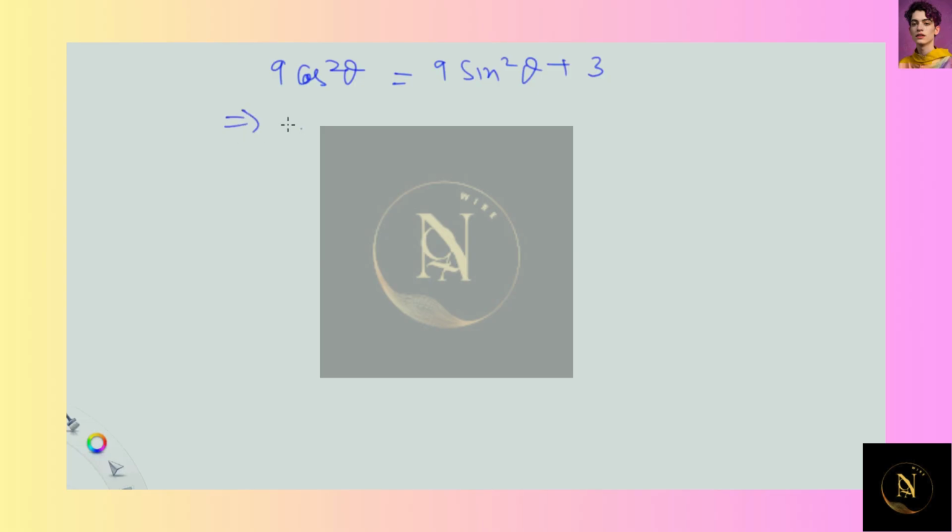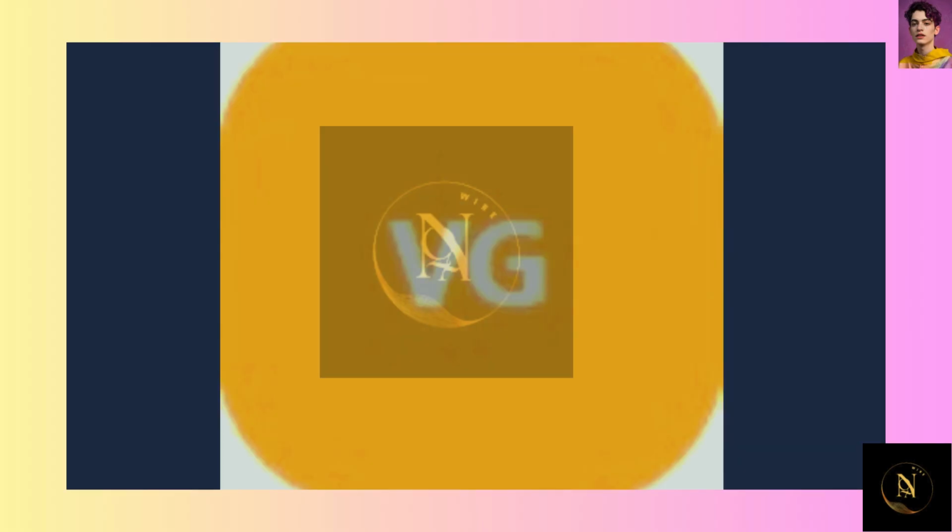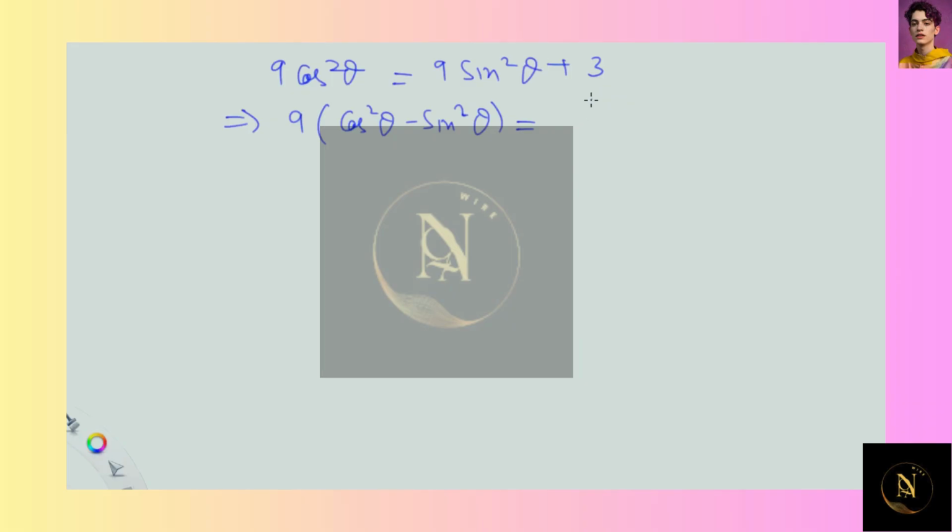If we rearrange it, this is 9 times cos square theta minus sine square theta is equal to 3. So here this becomes cos 2 theta equals 3 by 9, meaning 1 by 3, or we can say 0.333.